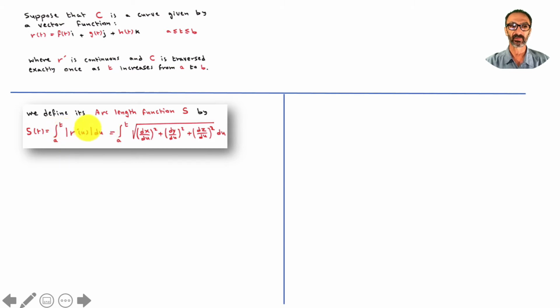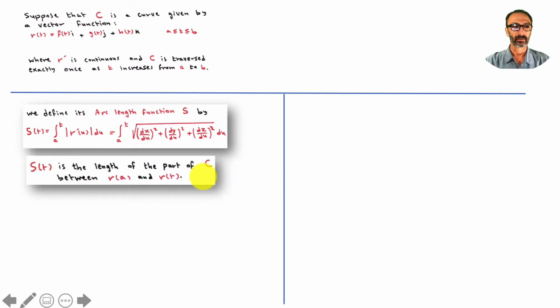And we know what this is. It's a square root. I don't want to read the whole thing. You could see it. We displayed similar ones a few slides ago. s of t is the length of the part of C between R of a and R of t. What do I mean by this?